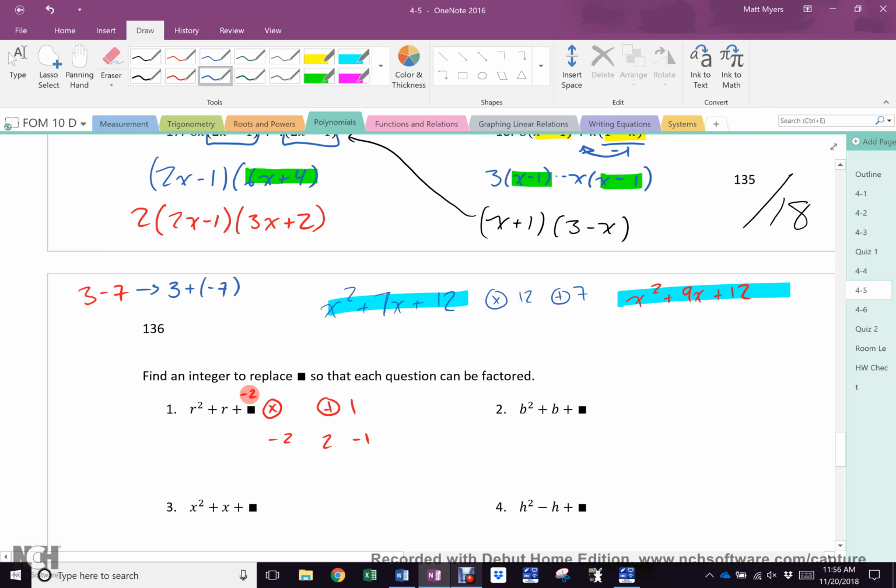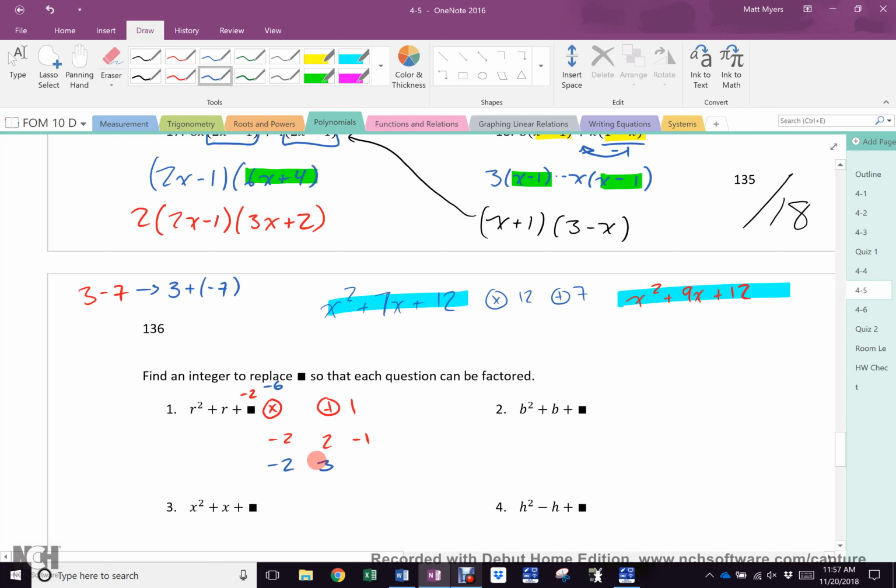Are there any other numbers that could go there? Like what? Negative 2. 6 could go there, because that would be what? Negative 2 and 3, wouldn't it? What else could go there? Negative 1 and 2.